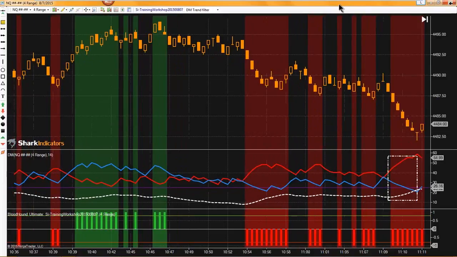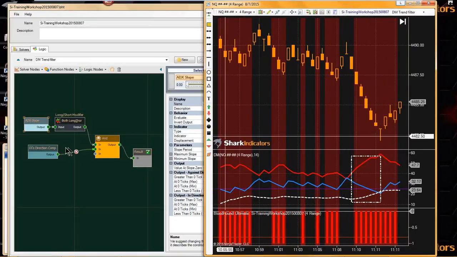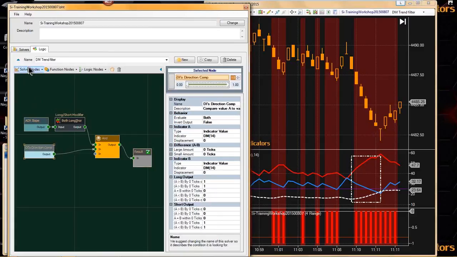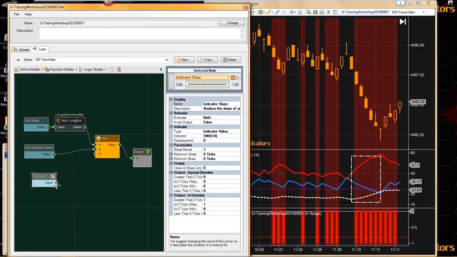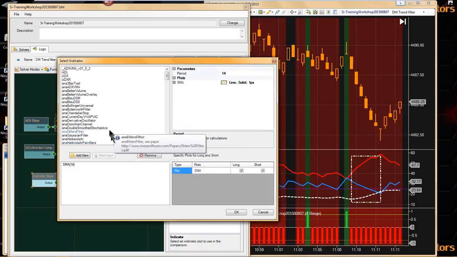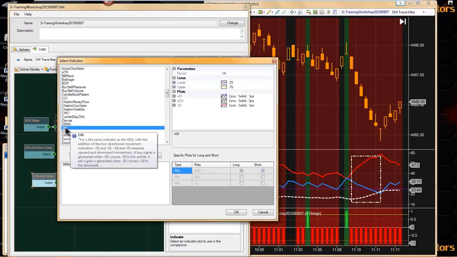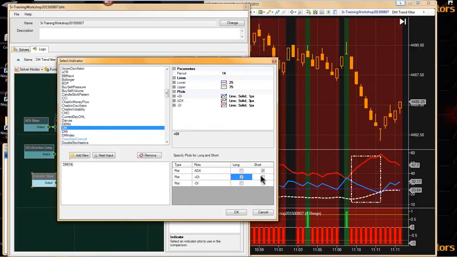Essentially, we're going to add more stringent conditions to this. Let's grab a couple of slope solvers, like so. At first we'll look at the DI plus, the slope of the DI plus. Let's grab our DI plus.